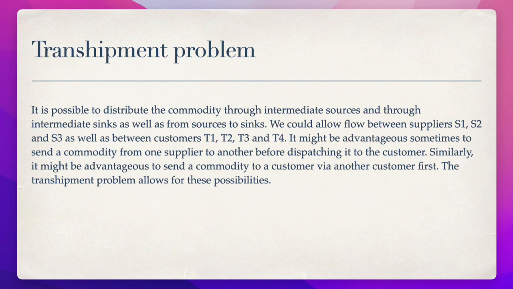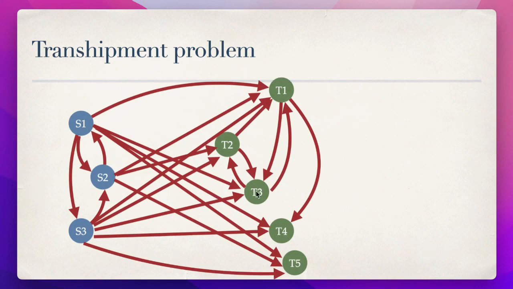Okay, we have suppliers and then we have customers. Consider that we have supplier 1, supplier 2, supplier 3, S1, S2, S3, and we have customers T1, T2, T3, T4, and it's possible sometimes to send commodity from one supplier to another before dispatching to another customer. So we can draw a network like this.